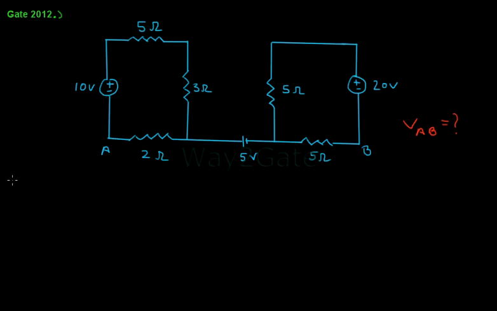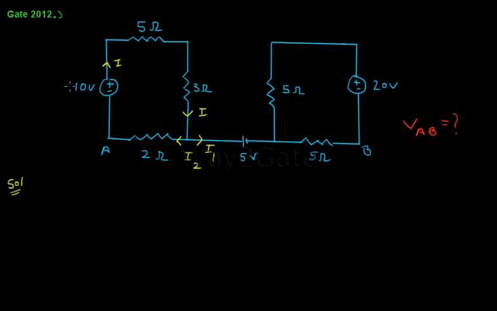Let's take a GATE question. In this question, we need to find the potential difference between node voltage A and B. If we consider current I in clockwise direction in this loop, I will distribute to I1 and I2, where I2 will remain in a loop.